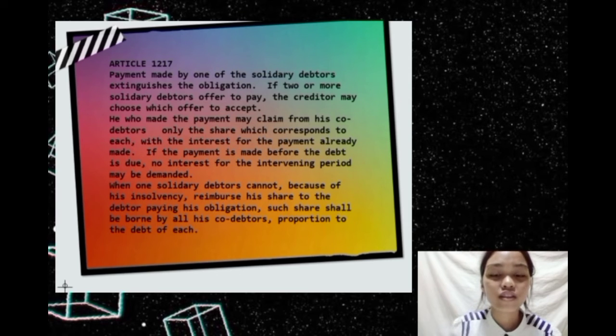For example, Kate, Diane, and Justine are solidary debtors of Jane for an amount of 200,000 pesos. So Kate paid Jane the amount of 200,000 pesos. So Kate has the right to demand reimbursement from Diane and Justine.